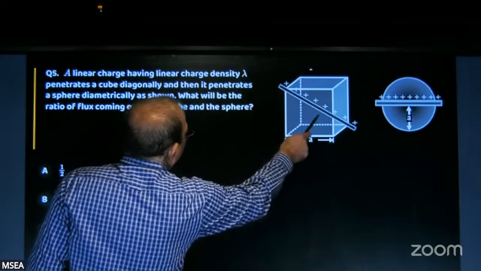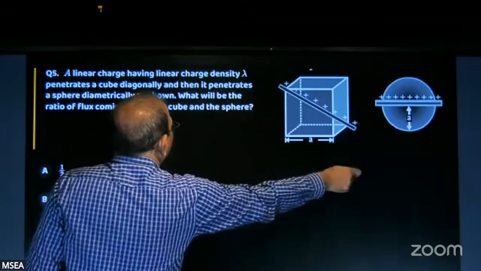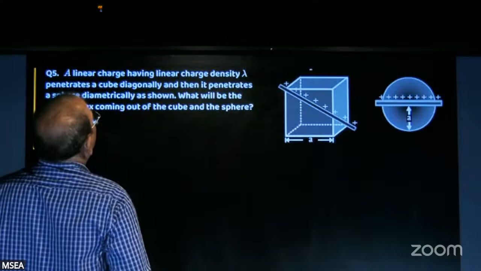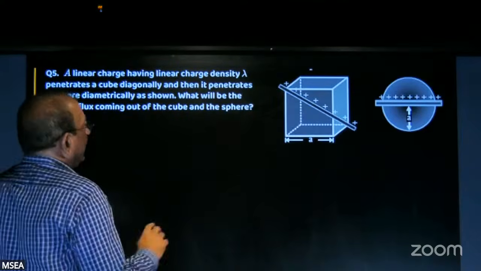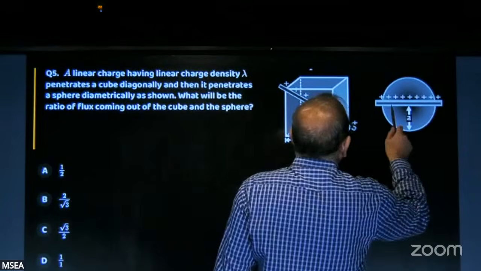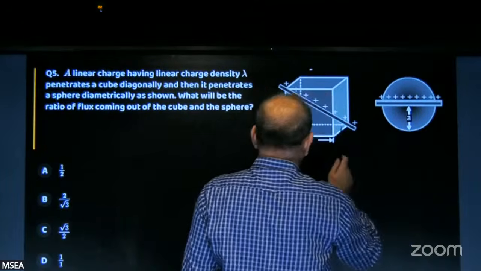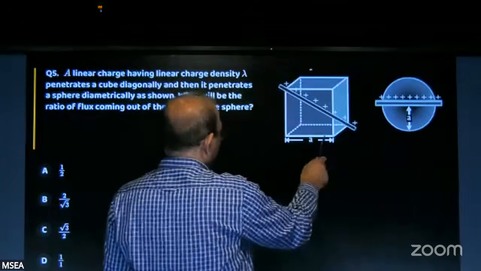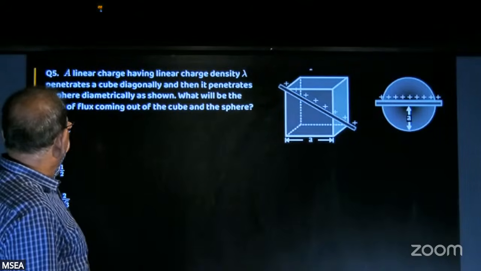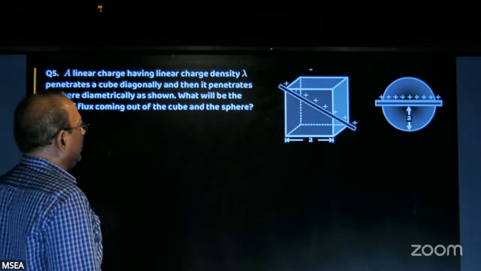So that long charged wire is arranged along the diagonal of that cube. Positively charged it is. And through a sphere also, this type of wire is arranged through a sphere along the diameter. Radius of sphere A, cube side length A. What is asked is, what will be the ratio of flux coming out of the cube and sphere?